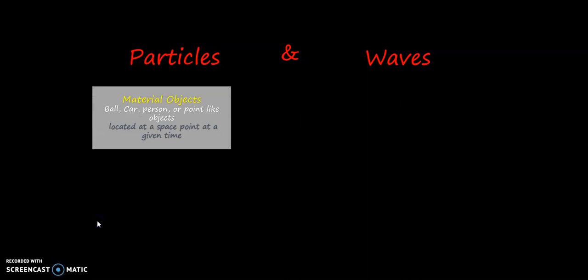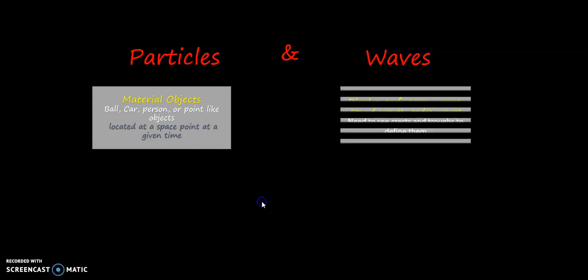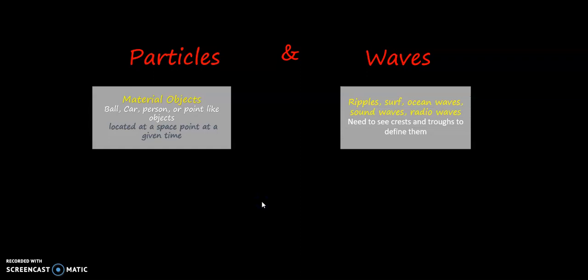Particles are material objects like a ball, a car, a person, that can be located at a space point at a given time, while waves are those having crests and troughs. Ripples in water, ocean waves, sound waves, etc. come under this category.